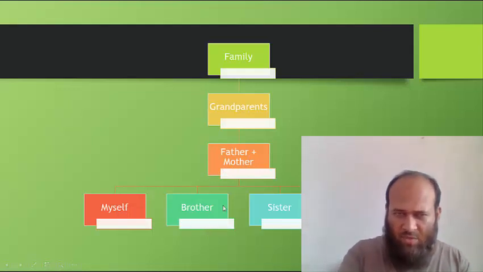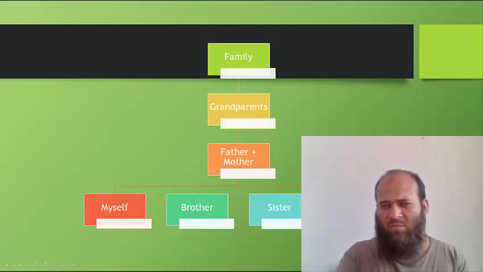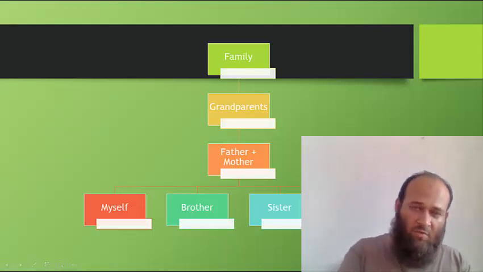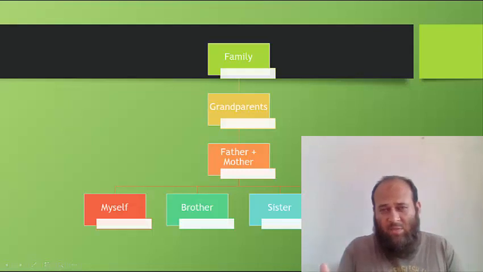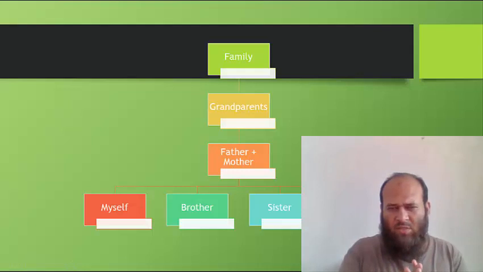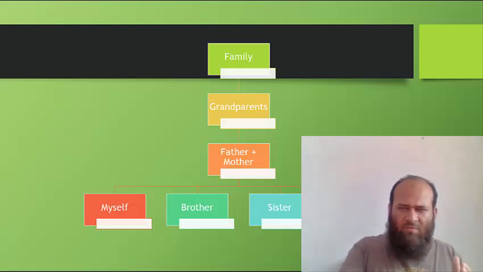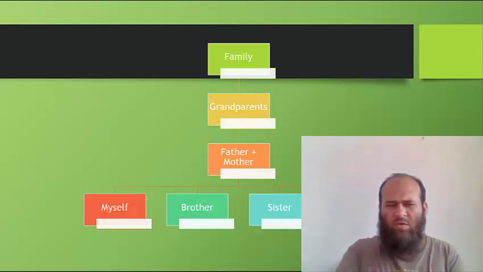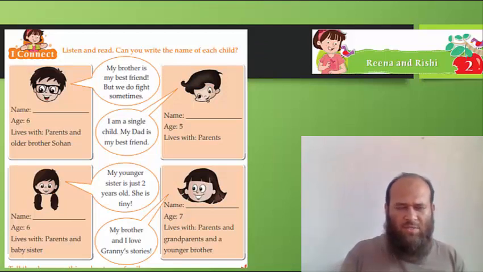If you have many brothers, add more tables for brothers. If you have many sisters, add many tables for your sisters, right? So in this chapter, we have the same concept of brothers and sisters.